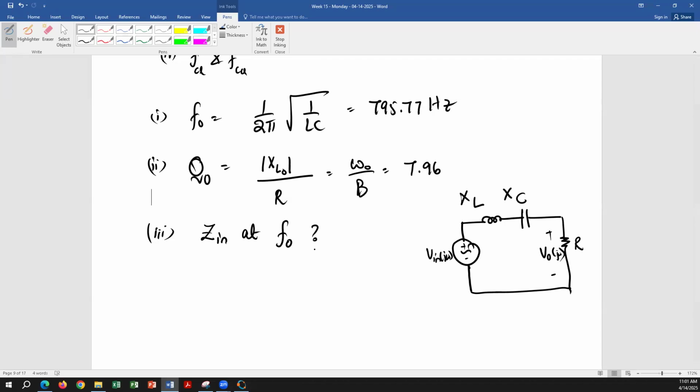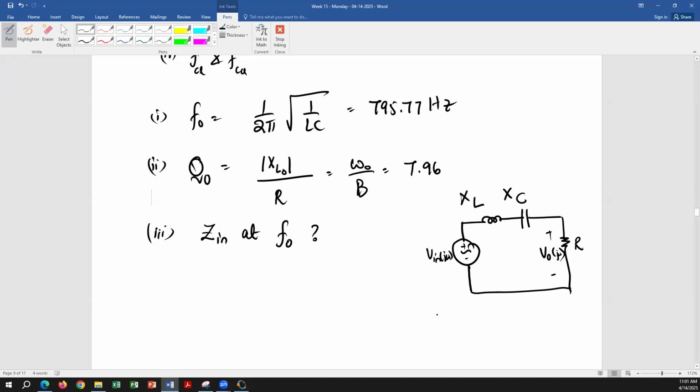Now we know what the source is going to see at resonance, right? Yeah, total impedance. It is going to see only R because XL and XC are going to cancel each other.